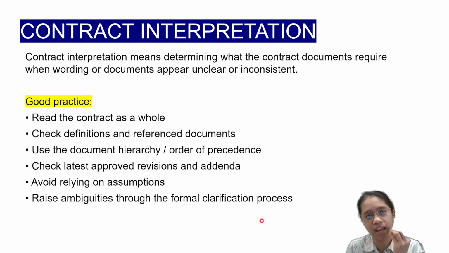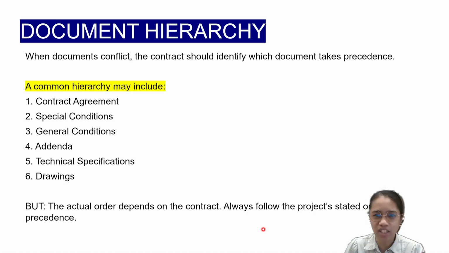If there is a clarification but it is informal or not put on paper, you should make it a formal documentation. Because everything that is not documented didn't happen. Okay? With that, let's move to the document hierarchy.